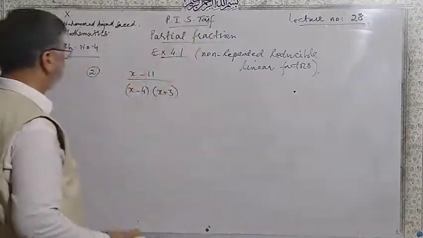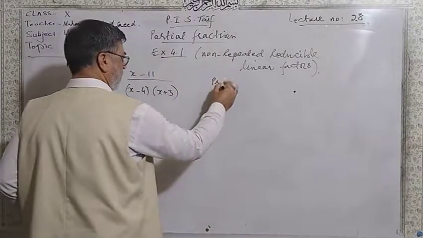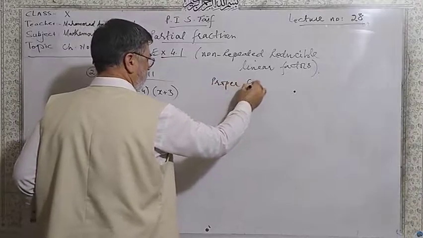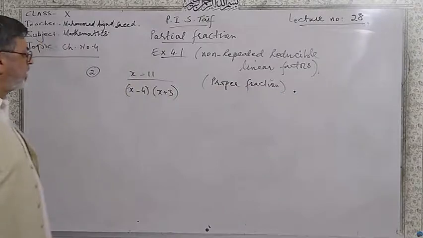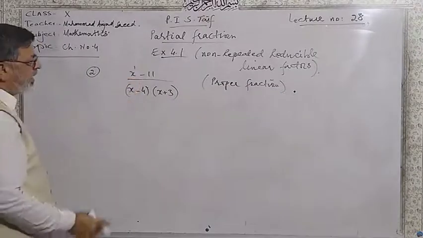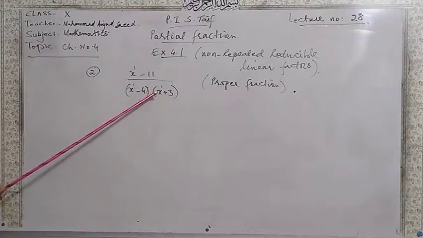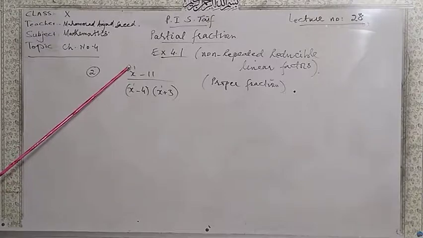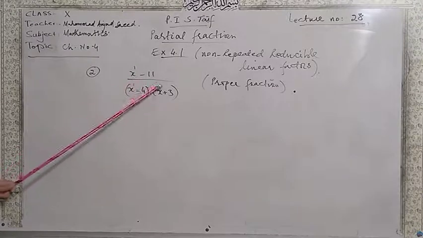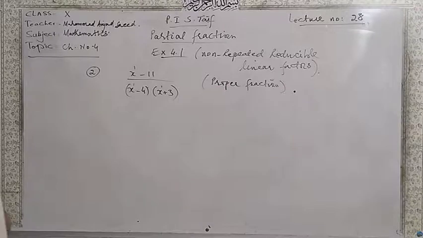This is definitely a proper fraction because degree of numerator is 1 and degree of denominator is 1, and here is power 1. When you multiply, it will become x squared, degree will become 2. So degree of numerator will be less than degree of denominator, that's why it is a proper fraction and we can solve it directly.